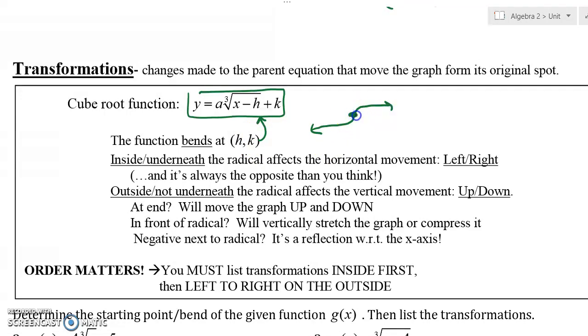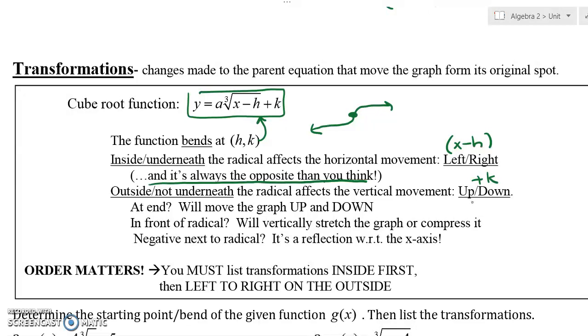Inside, underneath the radical, the x minus h part controls the left and right, and remember that it is always the opposite of what you think. Outside, not underneath, the plus k part controls the up and down, and it is what you think. If you think it's up, it's up. If you think it's down, it's down. That one is not opposite.